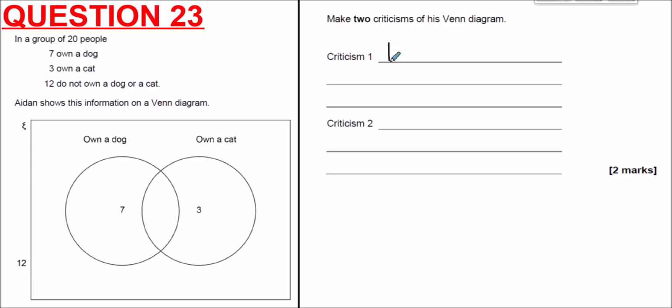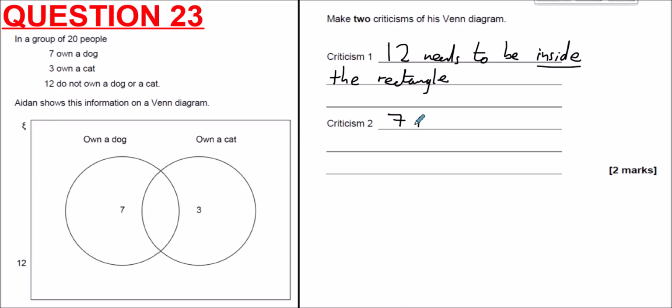So I just say 12 needs to be inside the rectangle, not on the outside. Secondly, if it's 20 people, these numbers here should add up to 20.